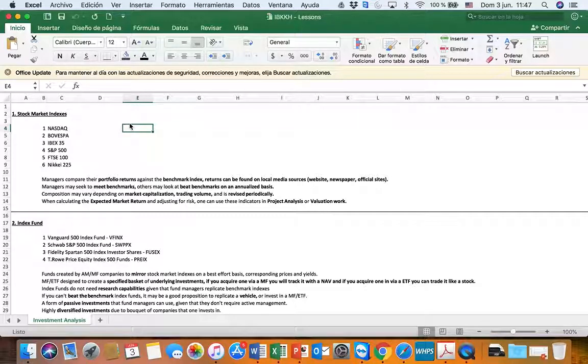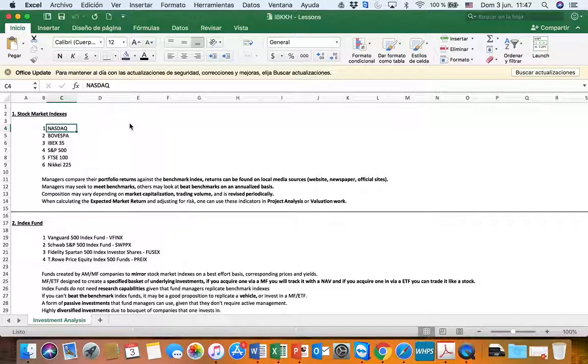In every exchange you will find these indexes, and they are representative of how the exchange is performing. Managers look at beating the benchmarks, or perhaps just meeting them, should the year be a positive year for the macroeconomic conditions, the capital markets, and the particular stock markets.